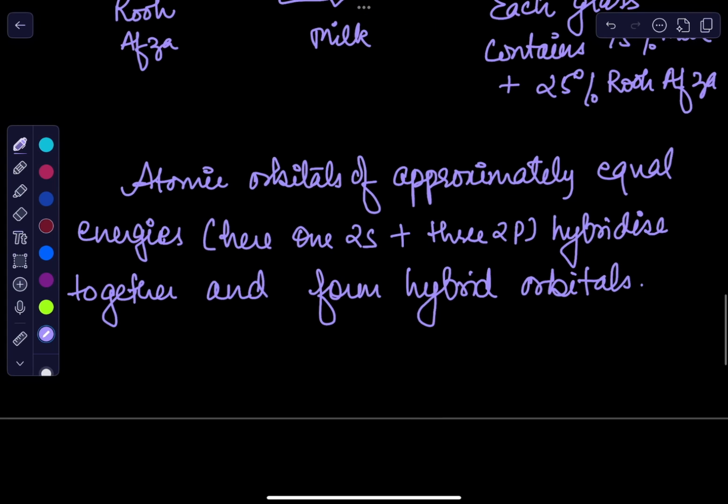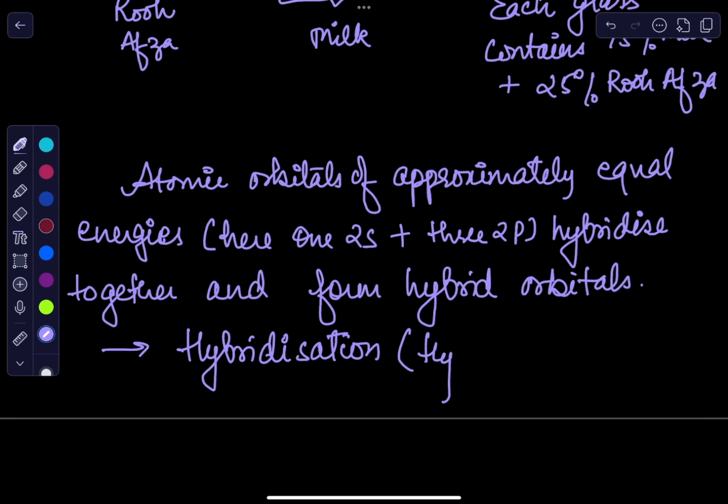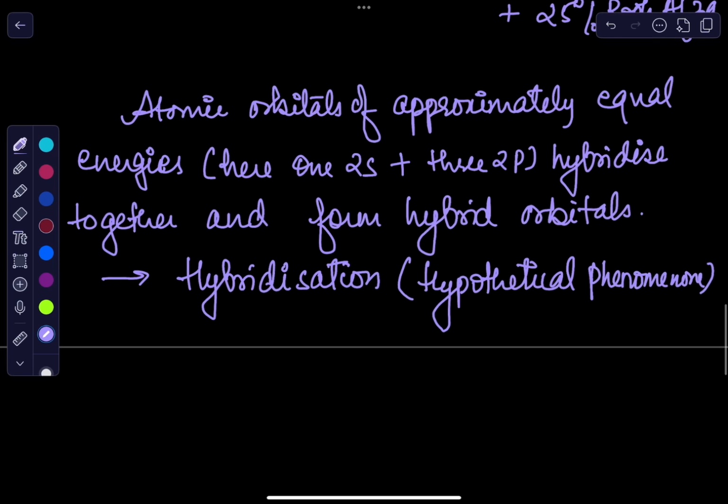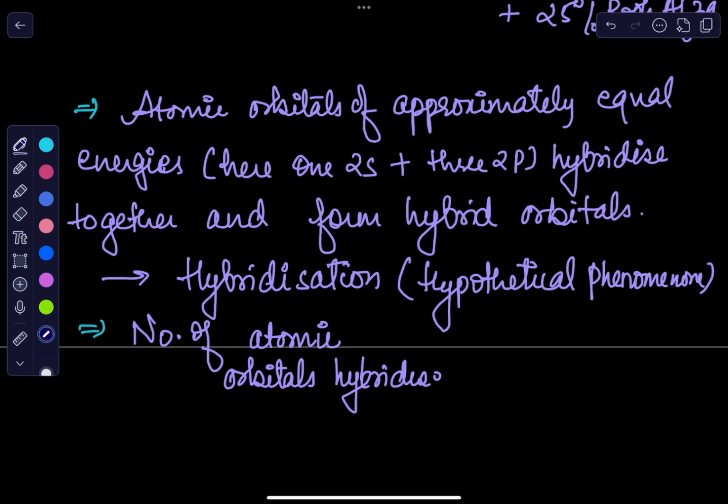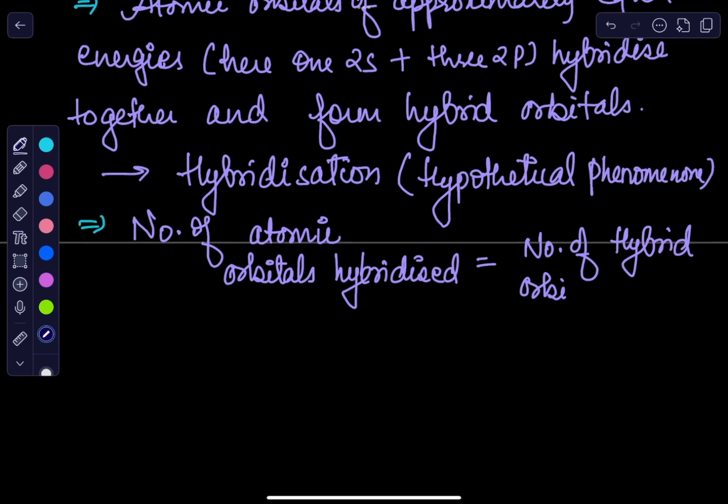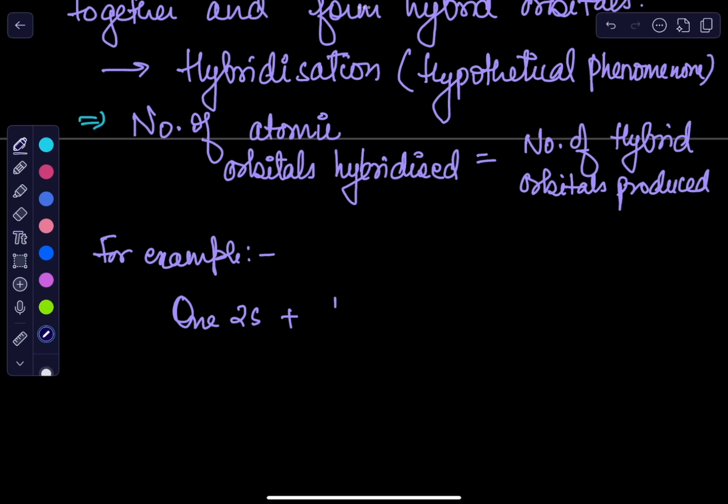So atomic orbitals of approximately equal or exactly equal energy hybridize together to form hybrid orbitals. The number of hybrid orbitals formed is equal to the number of atomic orbitals hybridized. Hybridization is a hypothetical phenomenon, and the number of atomic orbitals will be equal to the number of hybrid orbitals. So we can also say that here orbitals are conserved. These hybrid orbitals follow Pauli's exclusion principle and Hund's rule. It means that each orbital can have 2 electrons, and both electrons will have opposite spin.